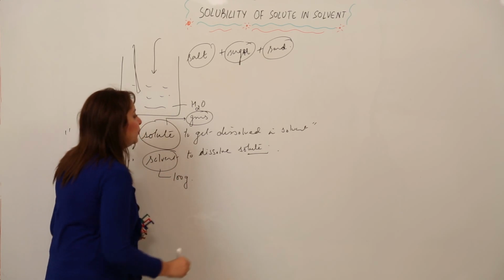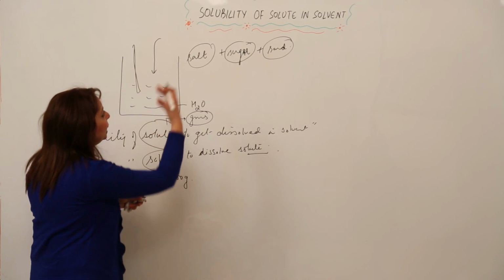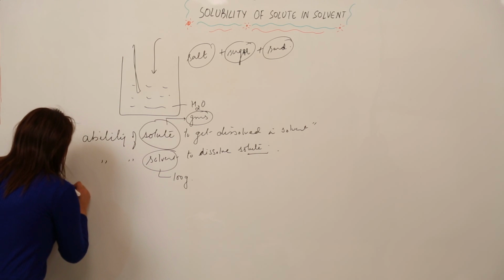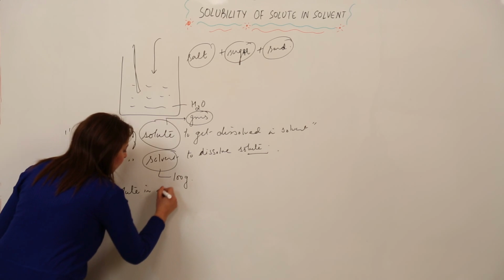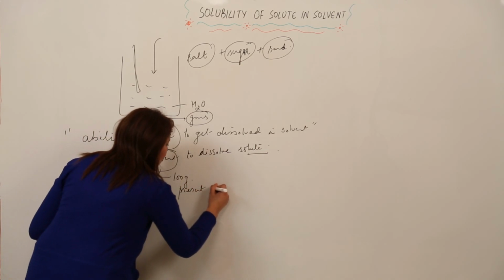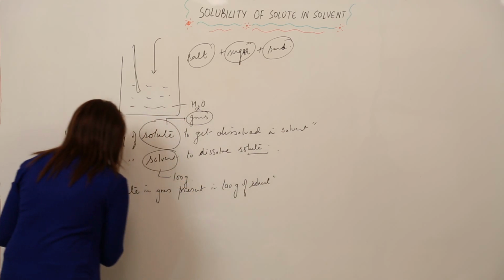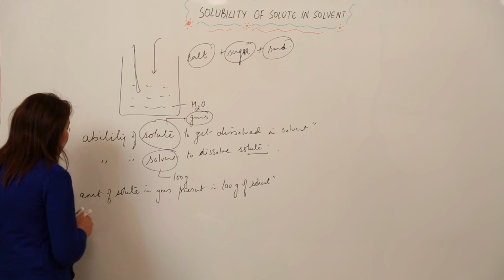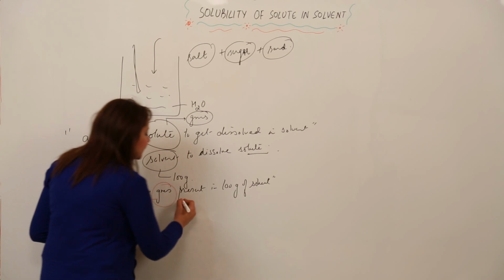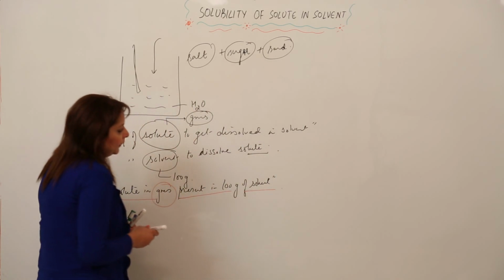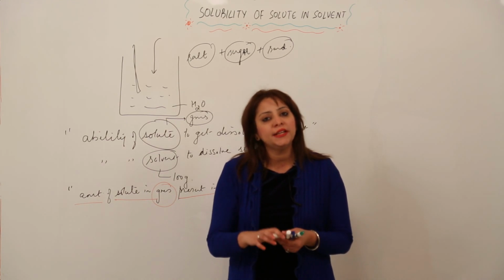So I can state the definition of solubility in a better way: it is the amount of solute in grams present in 100 grams of solvent. The unit used is grams. This will indicate the solubility of any solute in a given solvent.